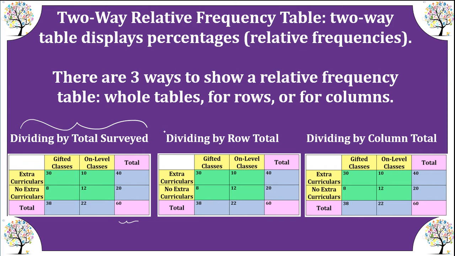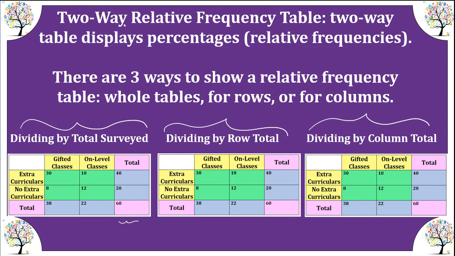Then we're going to have another relative frequency table, where we divide by the total of the rows. So in this example, I will be dividing 30 by 40 and 10 by 40. So we'll be getting the percentages by row. And then the third type of relative frequency table is dividing by the total in the column.